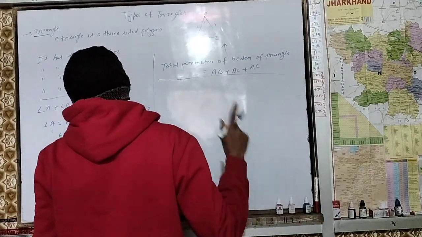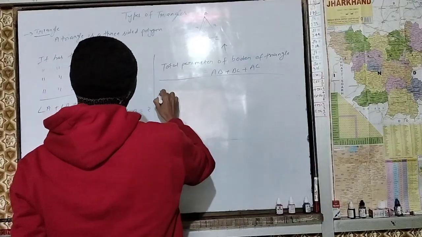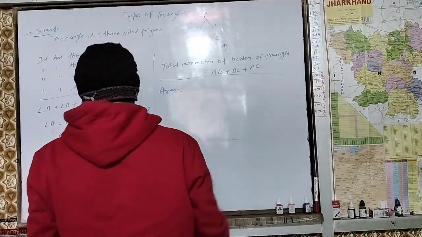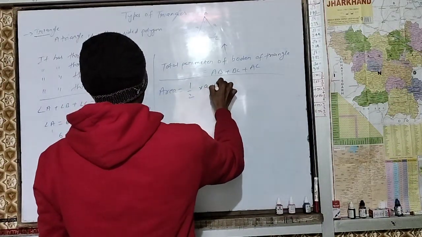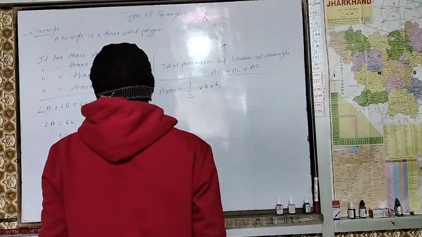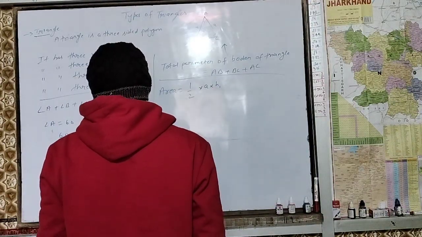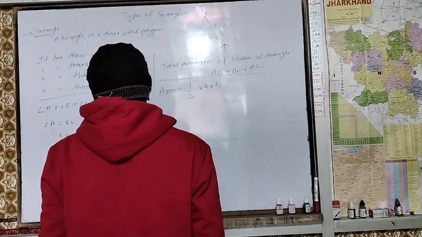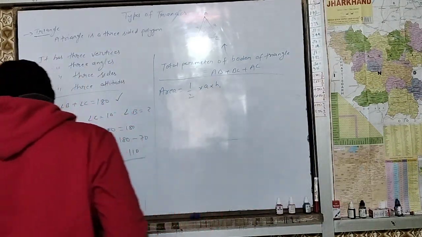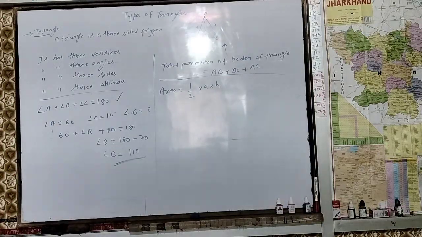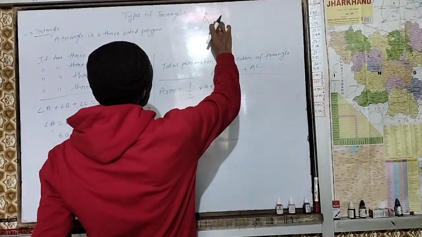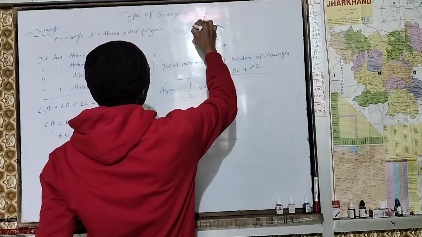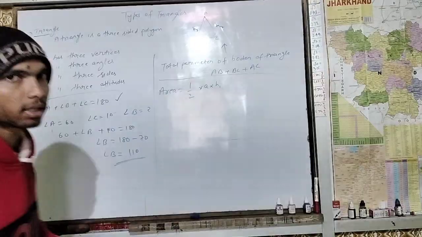Now we are going to calculate the area of this triangle. Remember there is a formula: 1 by 2 into A multiplied by H1. You can call these H1, H2, H3. Altitude is also height.